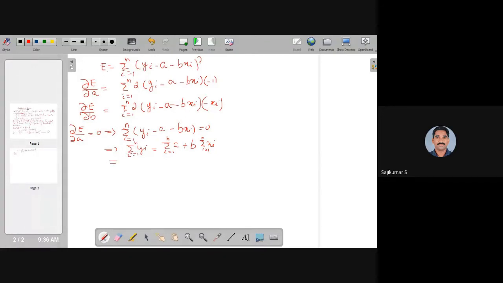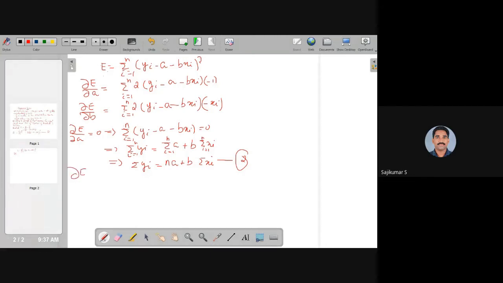So we get the first equation, summation yi is equal to, what is summation over i equal to 1 to n of a, where a is a constant? We are adding n times this constant, so we get na plus b into sigma xi, equation number 2. So we get one equation when we equate ∂E/∂A equal to 0.